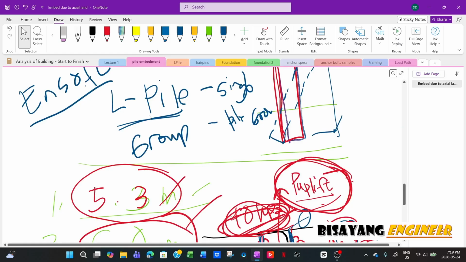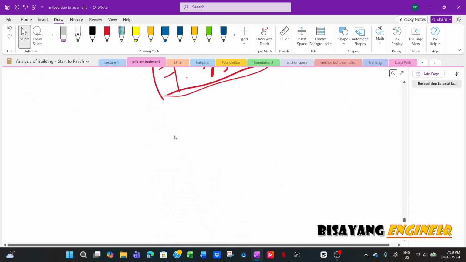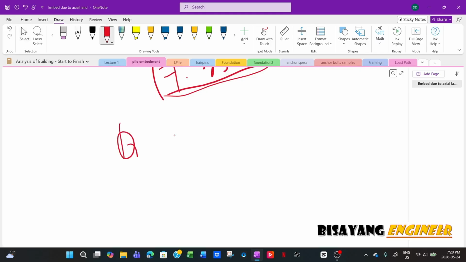Now, with regards to driven piles, it's different. Usually the criterion for a driven pile would be drive to refusal.